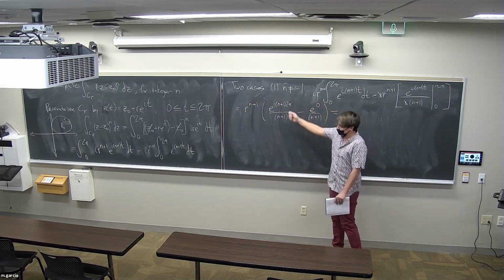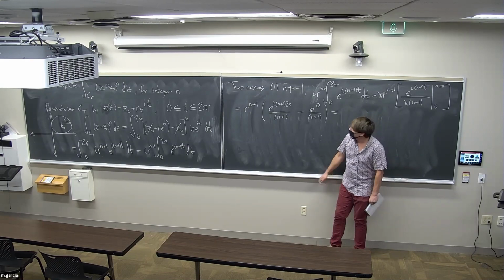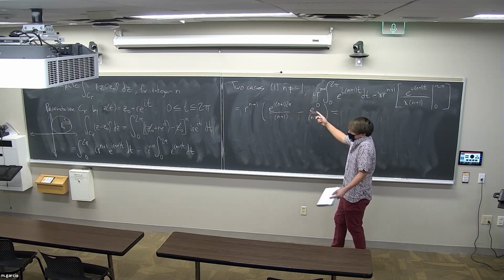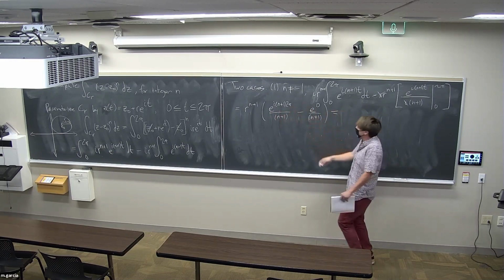Well, what's e to any integer multiple of 2 pi i? It's just 1. e to the 0, yeah. Right, e to the 0 is just 1. So we get that these cancel, this goes to 0, and we just get 0.